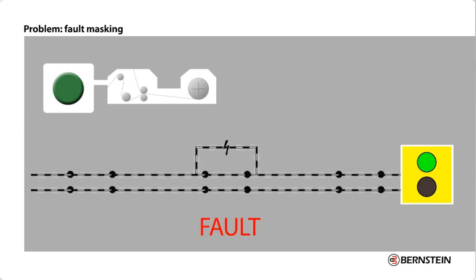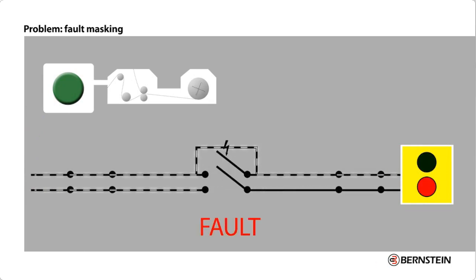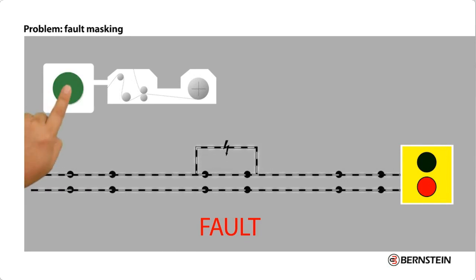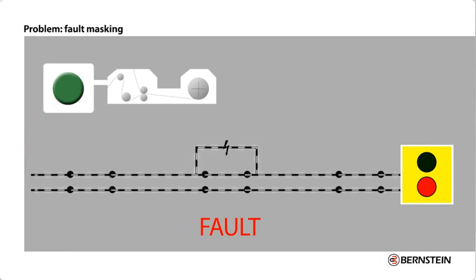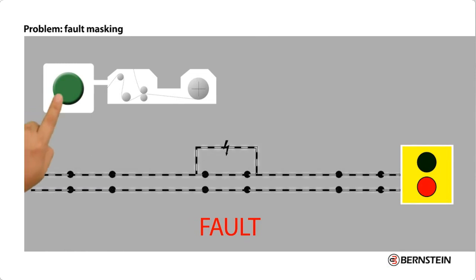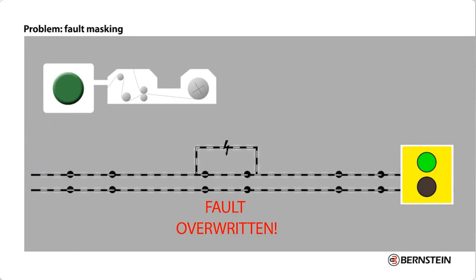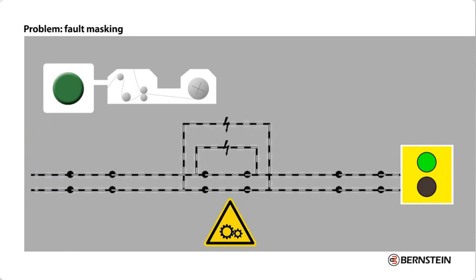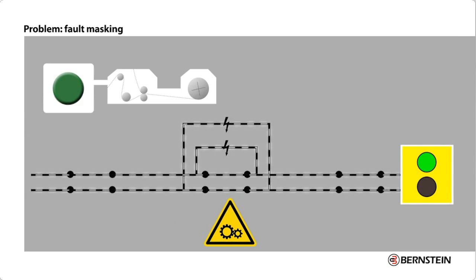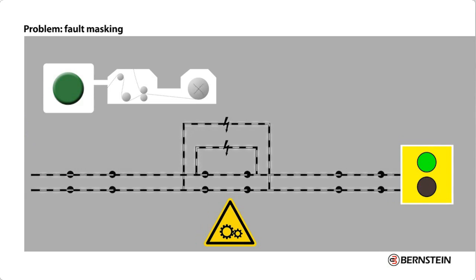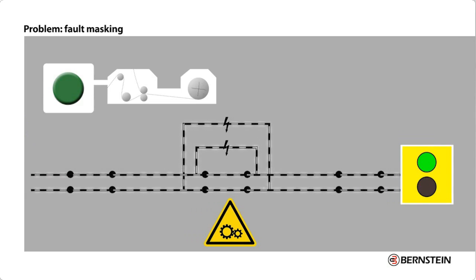Imagine a wiring error occurs in one switch. After activating the switch, the machine can't be started again. So far, so good. But if then another switch is activated, this fault is overwritten. Due to this fault masking, a second wiring error will also not be recognized, which leads ultimately to a dangerous situation for the machine operator.